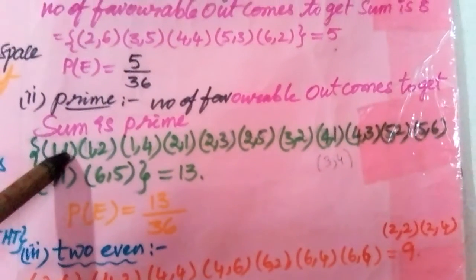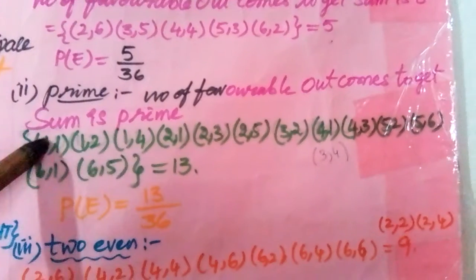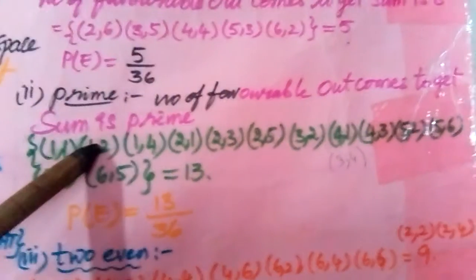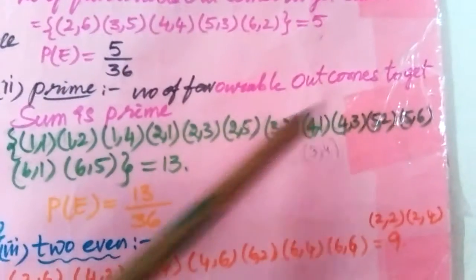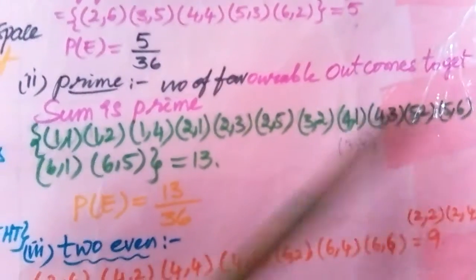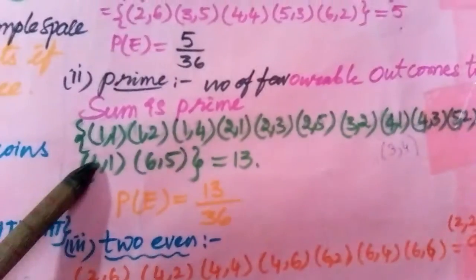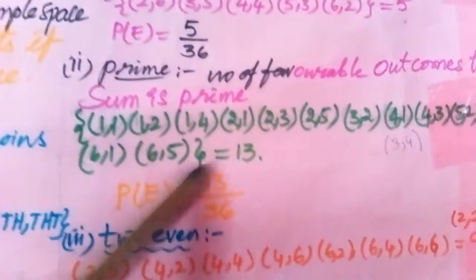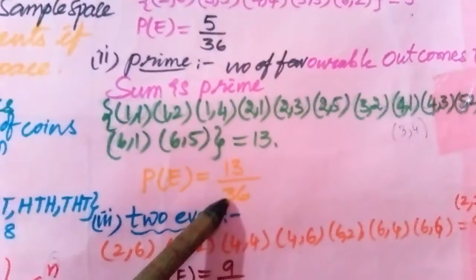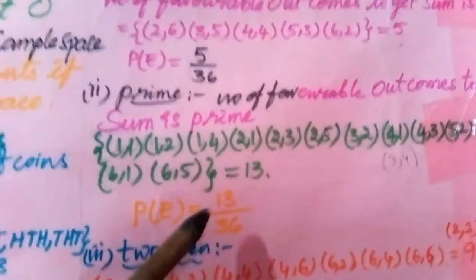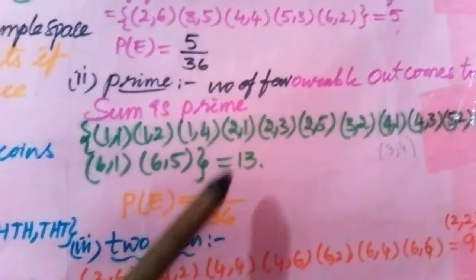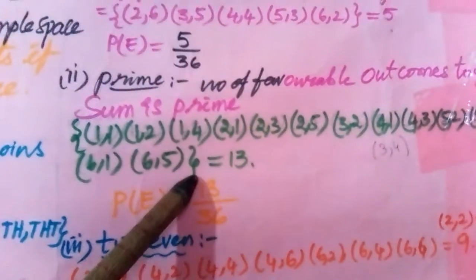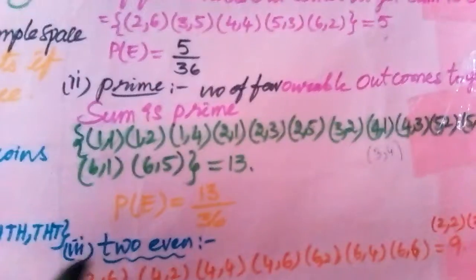So 1 comma 1, 1 plus 1 is 2, 2 is a prime number; 1 comma 2, 1 plus 2 is 3; like that 1 comma 4, 2 comma 1, 2 comma 3, 2 comma 5, 3 comma 2, 4 comma 1, 4 comma 3, 5 comma 2, 5 comma 6, 6 comma 1, 6 comma 5. Therefore total favorable outcomes are 13. As you know, the number of total outcomes is 36. So the probability of this event is 13 by 36. Divide 13 by 36.